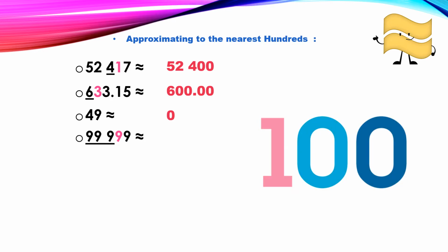Another question. Oh, my lovely 9. 9, take all the digits beside it. If all the digits are 9, take all 9s. Okay? Take 9 and the digit beside it. 99,999. I want to approximate it to the nearest 100. What is the digit in 100 place? It's 9. What is the digit before it? It's 9 too. Poor or rich? Rich.